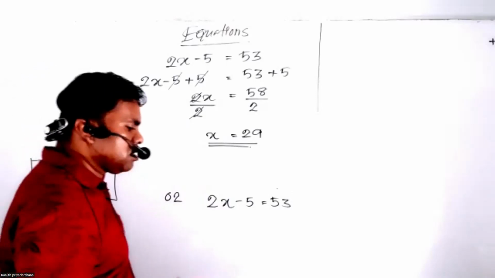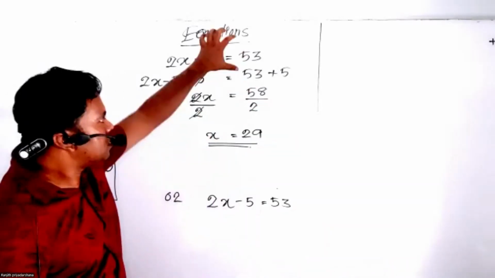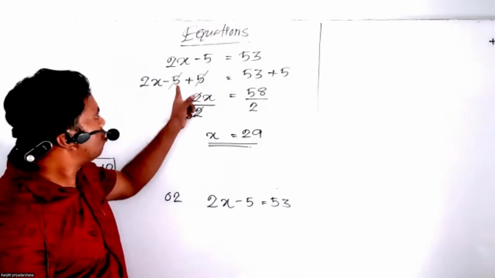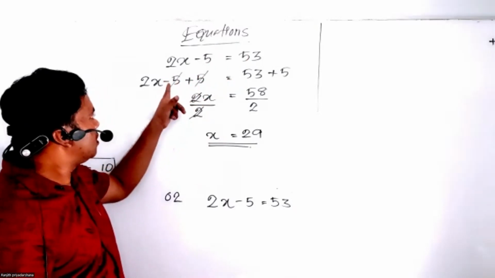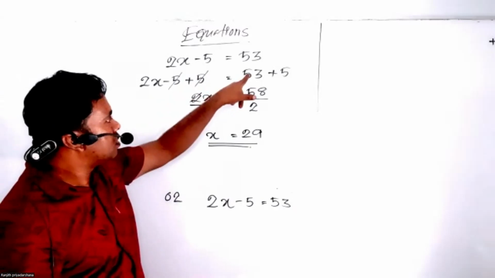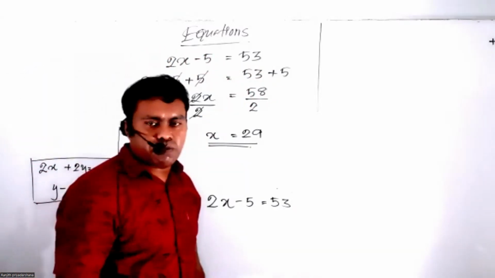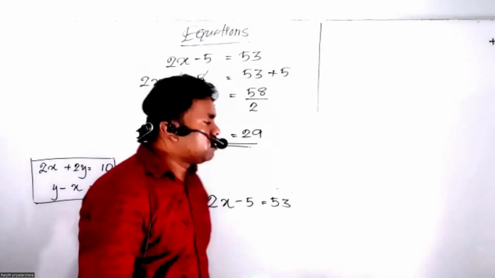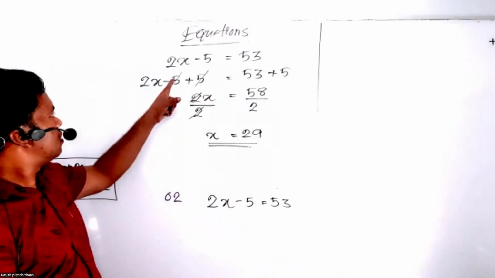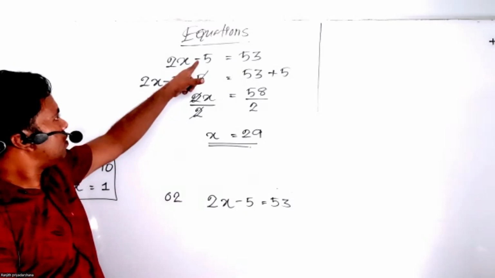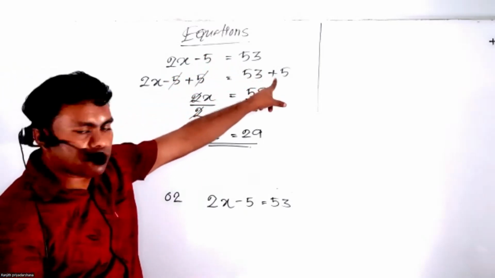But in grade 8, you don't do this concept further. Minus 5 plus 5, then 53 plus 5, don't write it again and again. Irrespective of that, look at this. Minus 5 goes to the other side as plus 5.